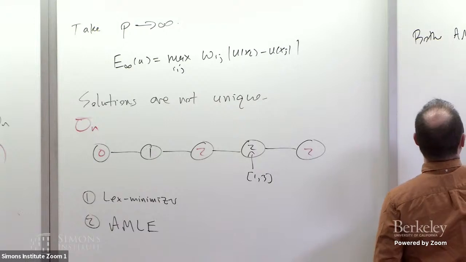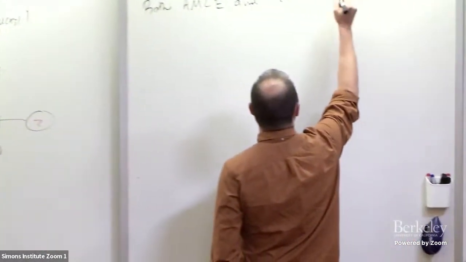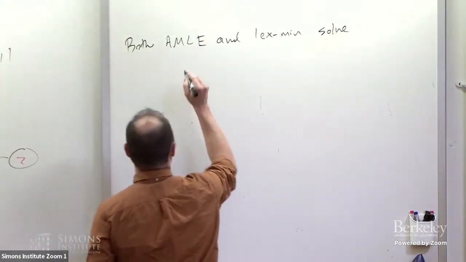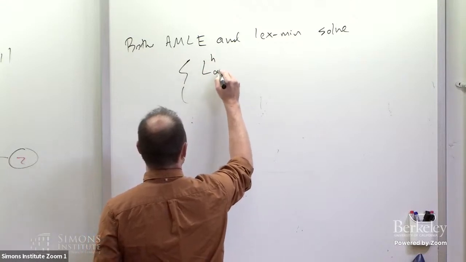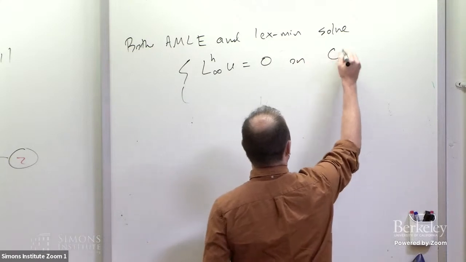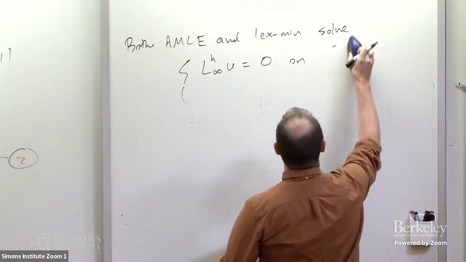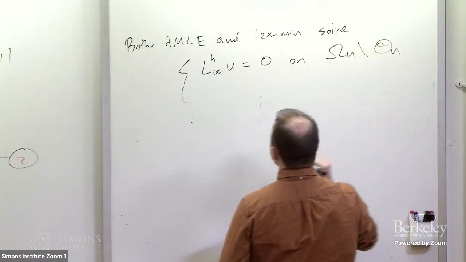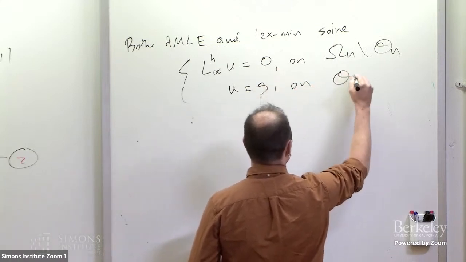So both AMLE and Lex minimizers solve the following graph infinity Laplace equation. So I'll write it as L^H_infinity of u is 0 on the graph minus the constraint set, subject to u is equal to g on the constraint set.